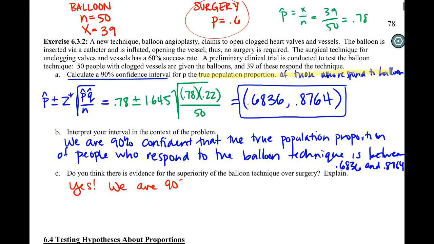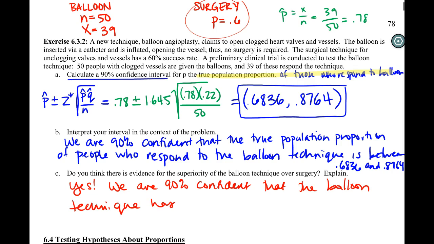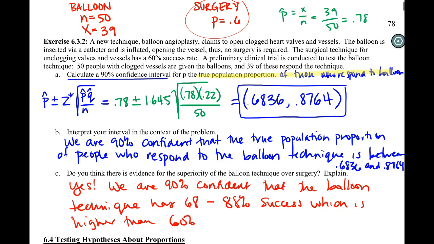Remember, we are 90% confident that the balloon technique has 68 to 88% success, which is higher than 60% for the surgery. I know my handwriting is terrible here, but I'm just trying to get this one done.